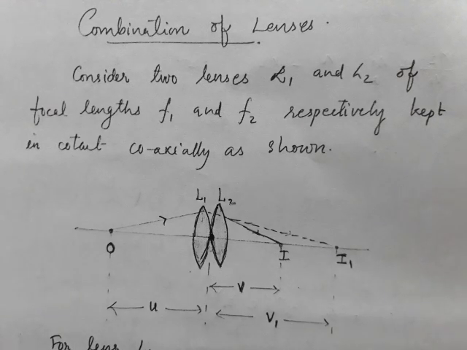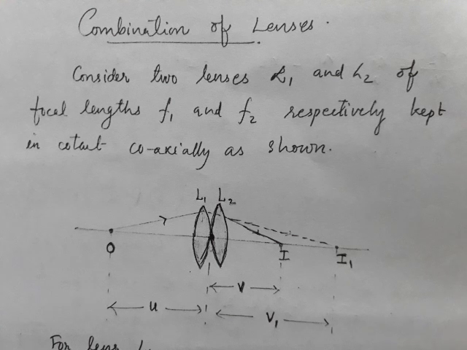Now let us see combination of lens. So in the last class we have an equation. We got an equation 1 by f is equal to 1 by v minus 1 by u. That's our thin lens formula we obtained along with the lens maker's formula.